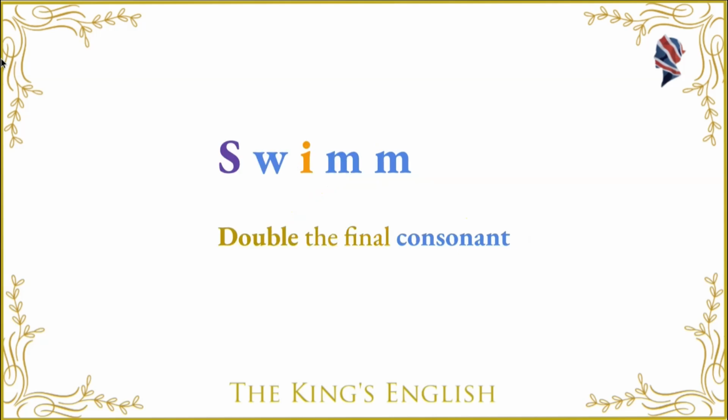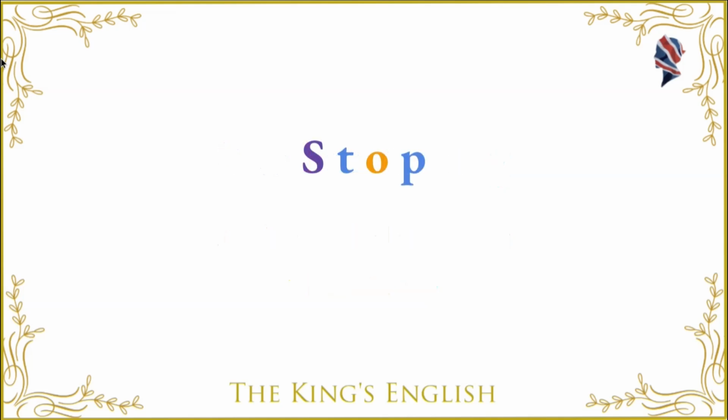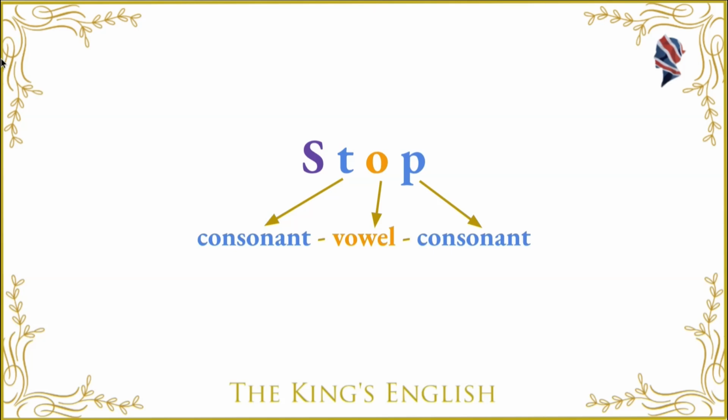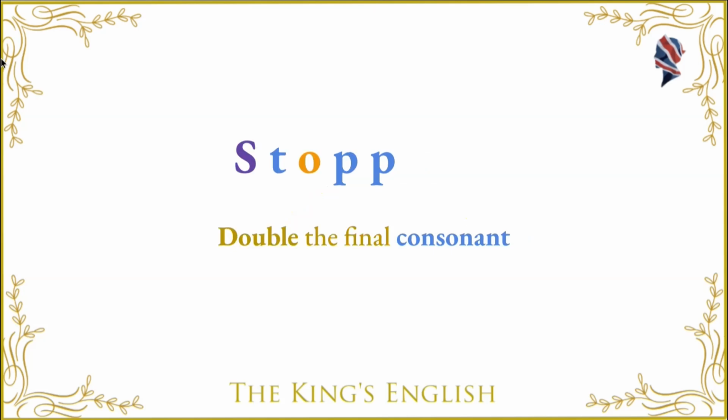We double the final consonant, the M, and then we add ing. Stop is consonant, vowel, consonant. So again, we double the final consonant, the P, and then we add ing.